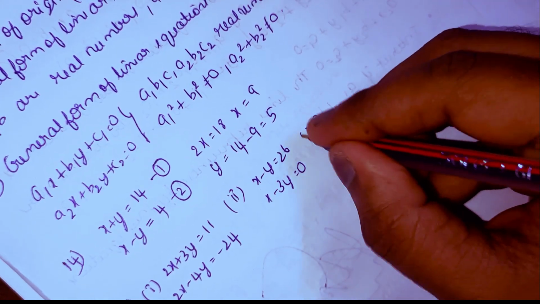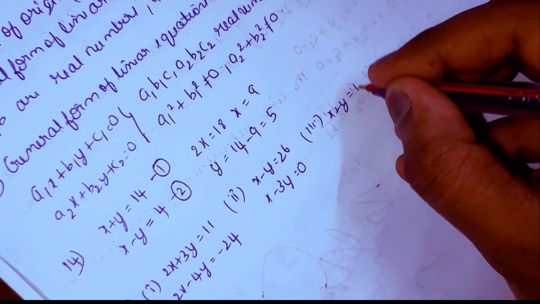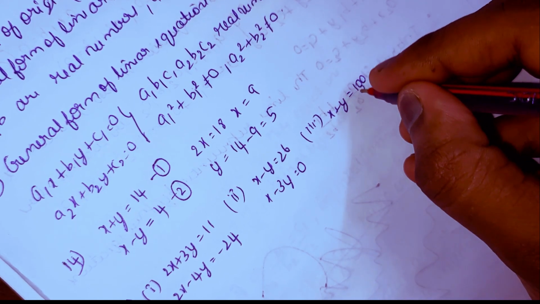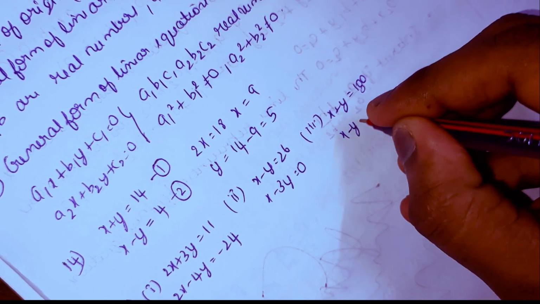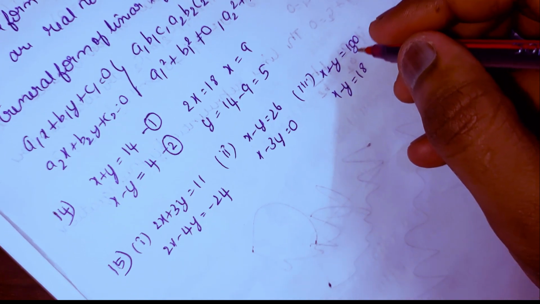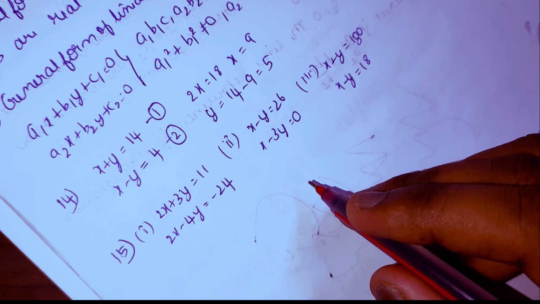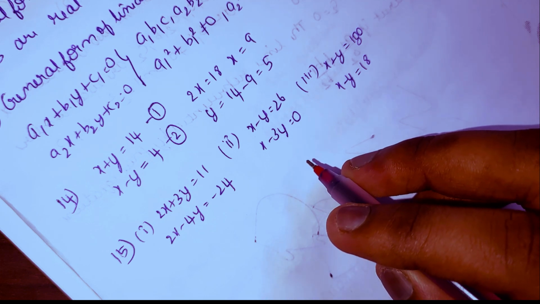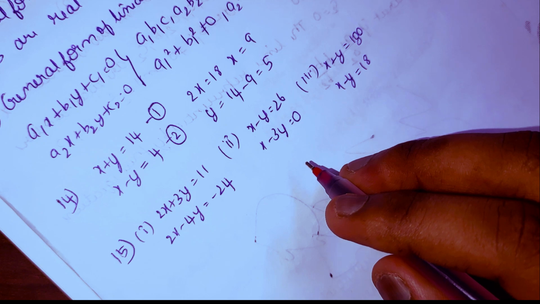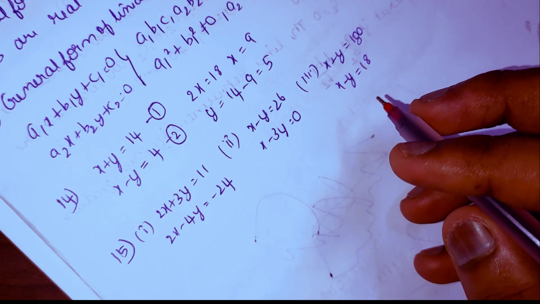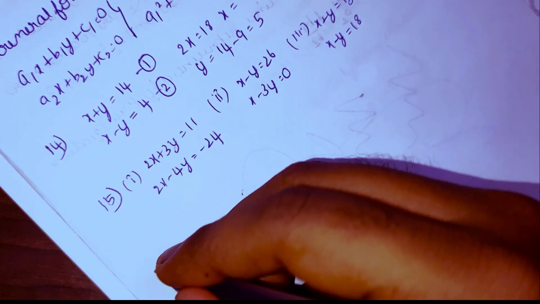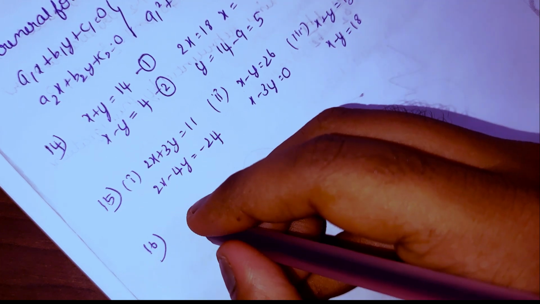Third one, x plus y is equal to 180 and x minus y is equal to 18. You have to add or subtract or do any alterations and remove one variable from the pair of linear equations. Then you'll get the value of x or y. Then substitute in any equation, you'll get the answer.